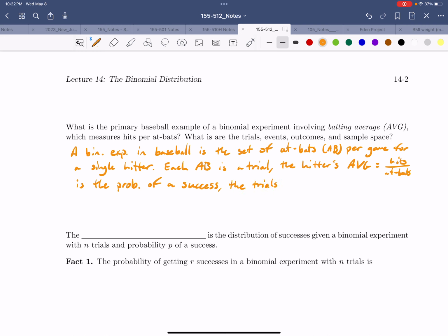Right, the trials, which is to say the at-bats, are independent and identical. Again, not literally, but pretty much. And the only outcomes are hit, success, or out, failure.